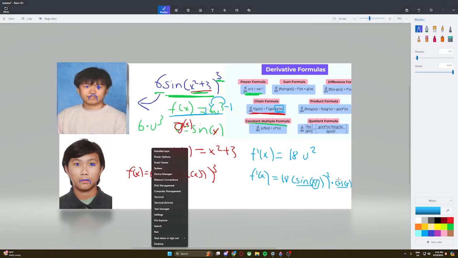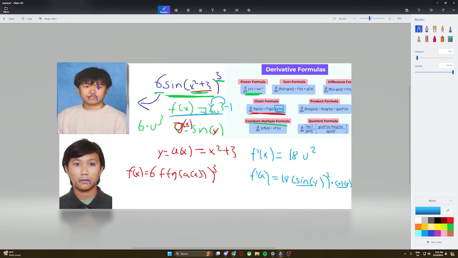And then guess what? Guess what, chat? The derivative of g of x, but g of x has a function in it, so you have to do it again, and the function is here.